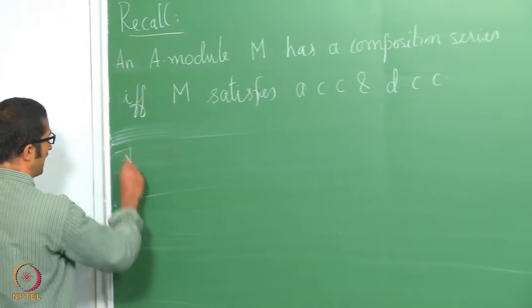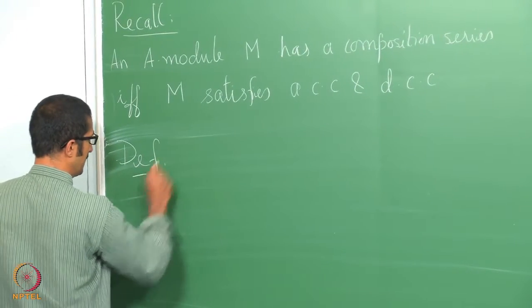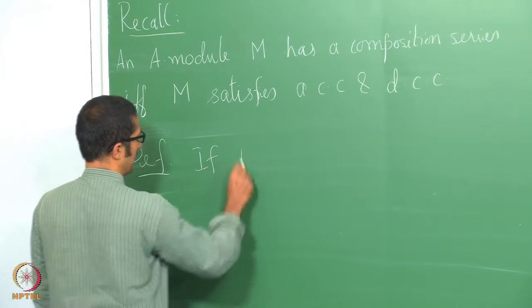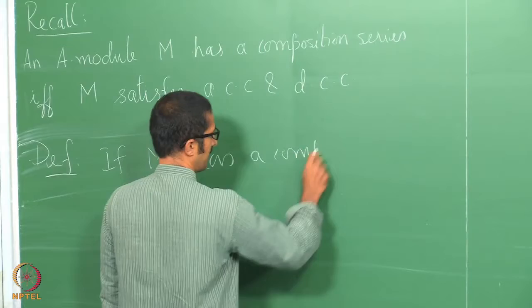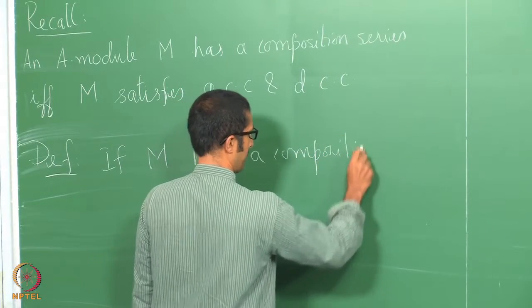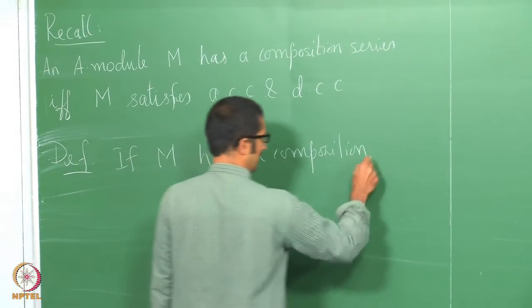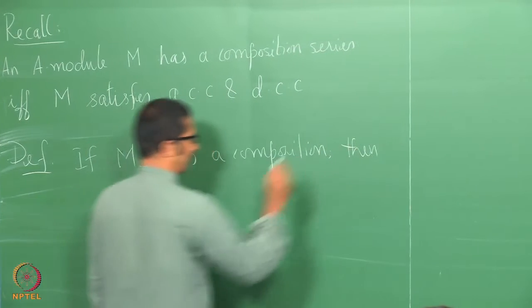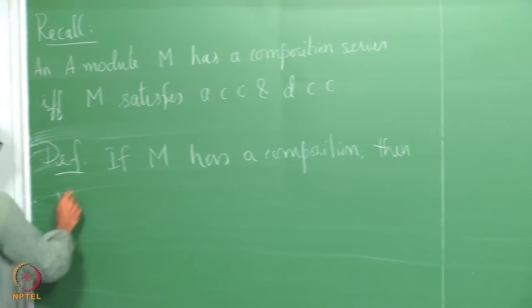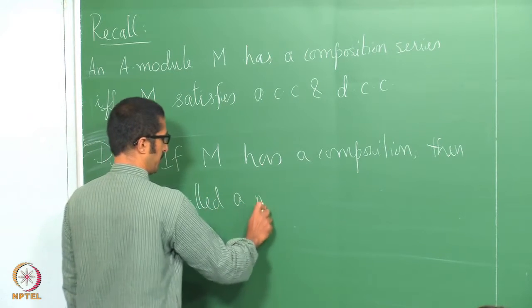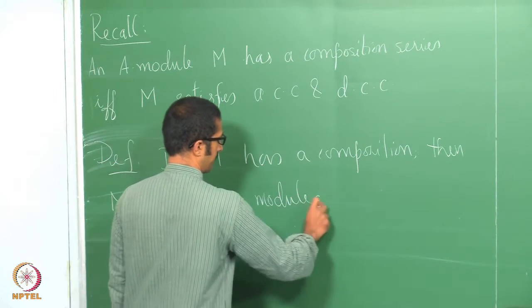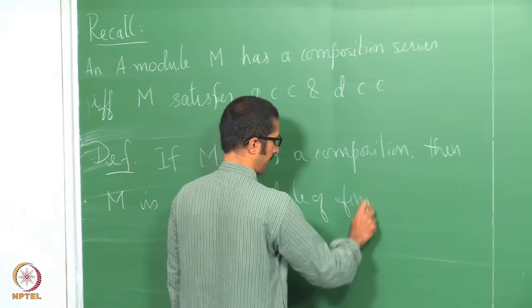So, if M has a composition series, then M is called a module of finite length.